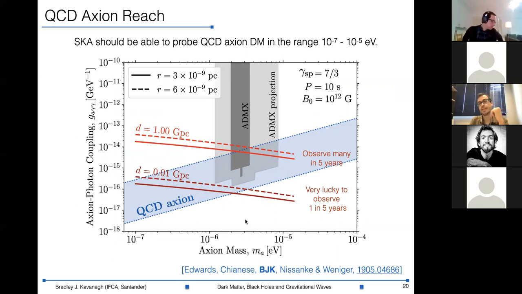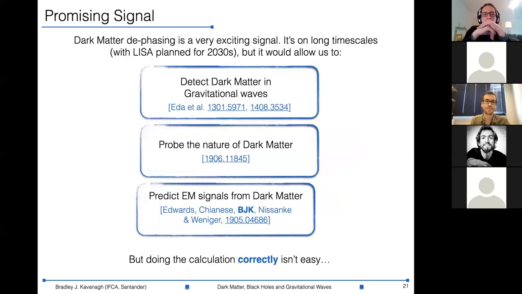But the nice thing is that you would not only probe the coupling through this radio signature, but you would also be able to tell how much dark matter there is because of the amount of dephasing you would see. So there's a degeneracy that gets broken here, which is very nice. It's a cool and unique little multi-messenger probe of, in this particular case, axion dark matter.